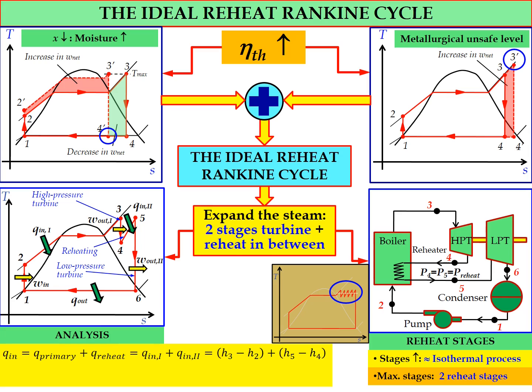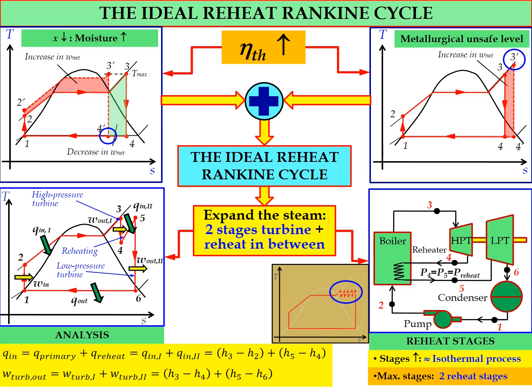In terms of analysis, the total Q in equals Q primary, which refers to the amount of Q in that we need to supply to the boiler, plus Q reheat, the amount of Q in due to the reheating process, which is also equal to Q in 1 plus Q in 2. So if you refer to the TS diagram, the total value of Q in will be equal to H3 minus H2 plus H5 minus H4.